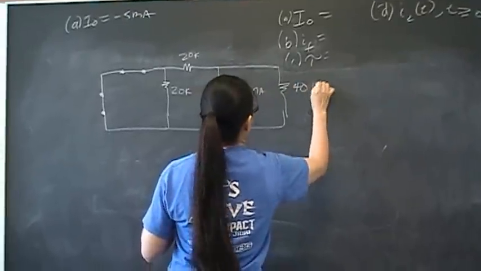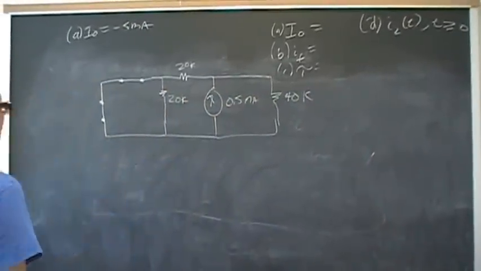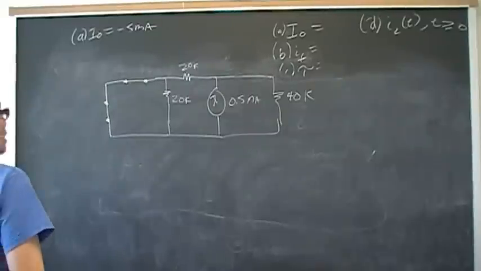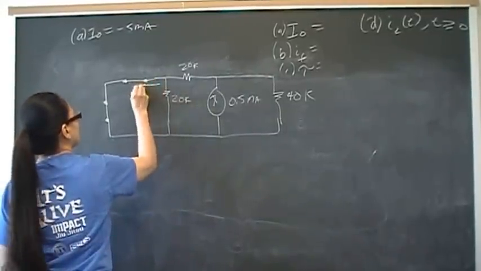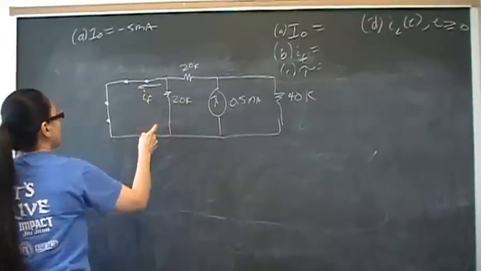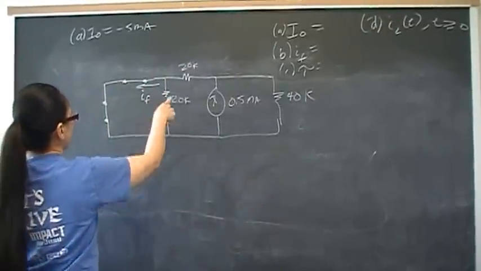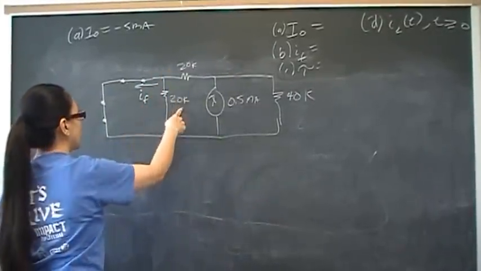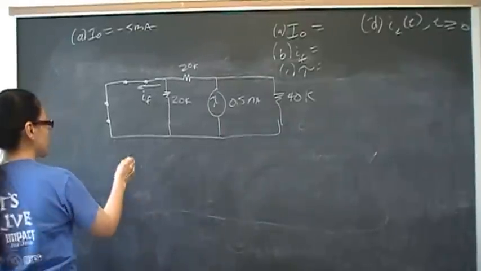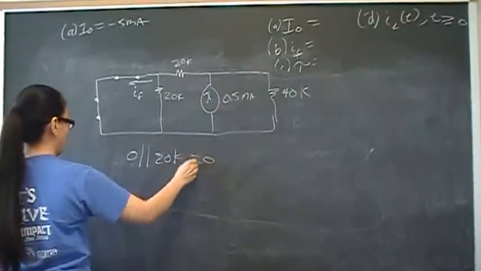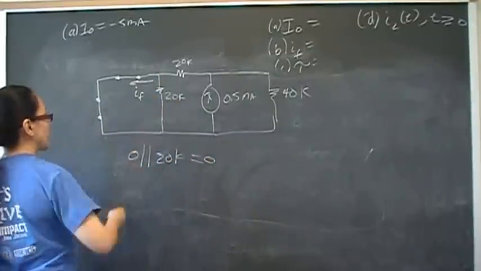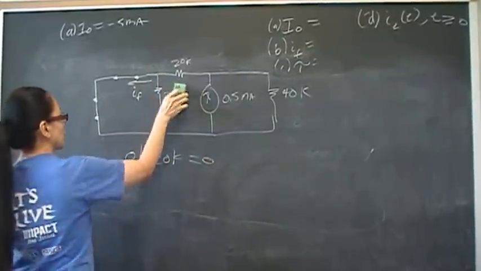This is what the circuit looks like in the final state, after the switch is closed for a while, and we are looking for I final. Now notice that we have a short circuit in parallel with a 20 kilo ohm resistor, so 0 in parallel with 20K is 0. So this completely shorts out that resistor, so that resistor goes away.